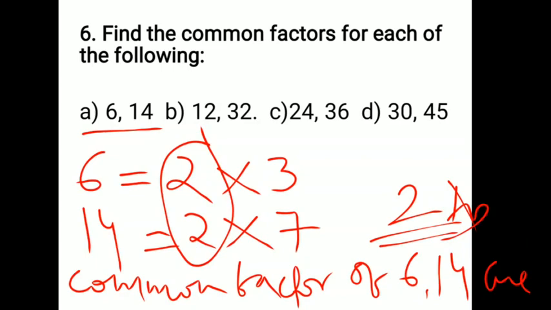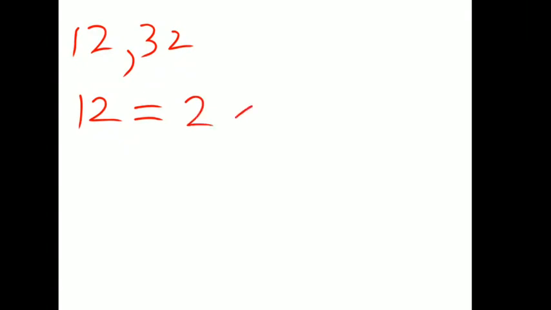So let us now proceed to solve part B, for 12 and 32. Similarly we will write the factors. First of all, 2 into 6. Instead of this 6, I will be writing 2 into 3.